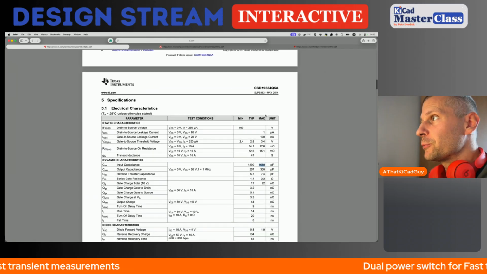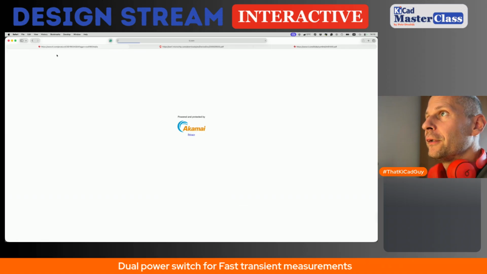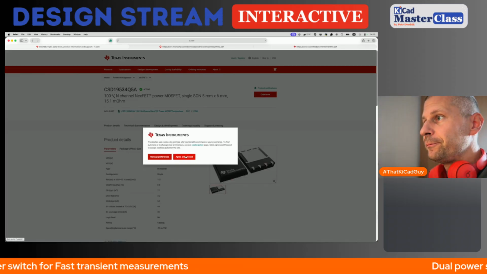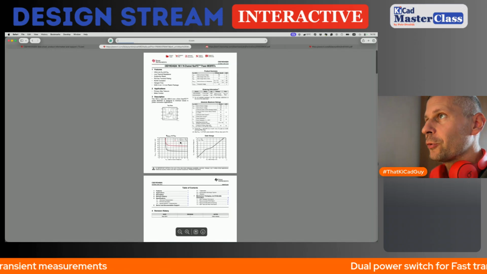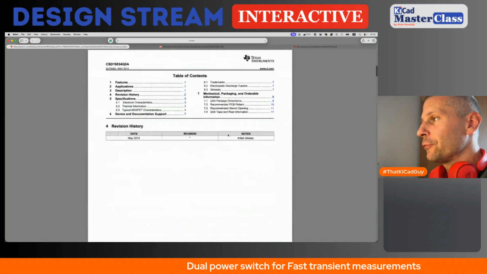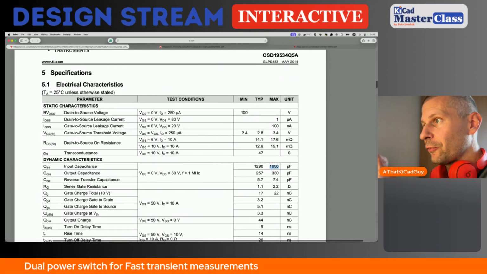The most likely used MOSFET is this Texas Instruments CSD19534. I caused reloading of the data sheet, which was not intended. I'm sorry for the interruption. Yeah, there is a maximum input capacitance of this MOSFET.